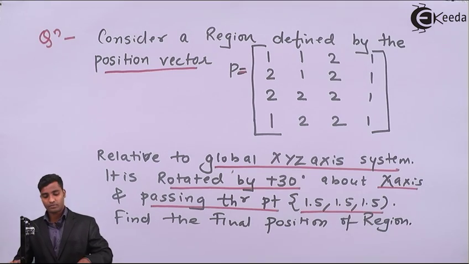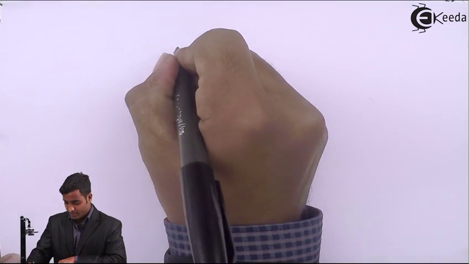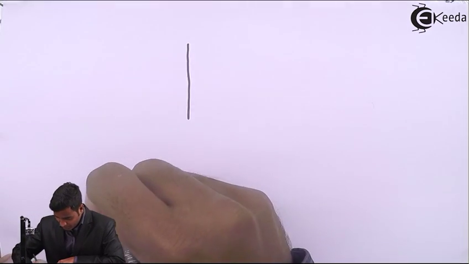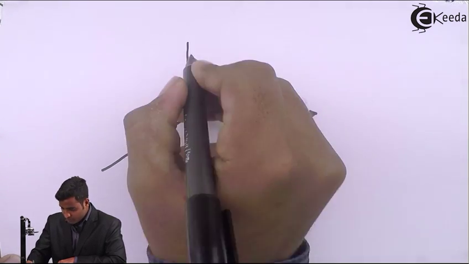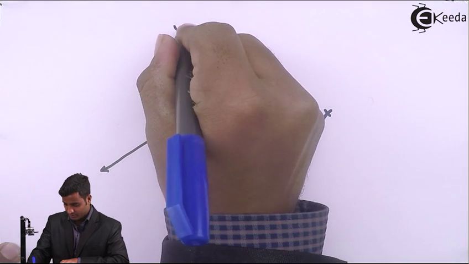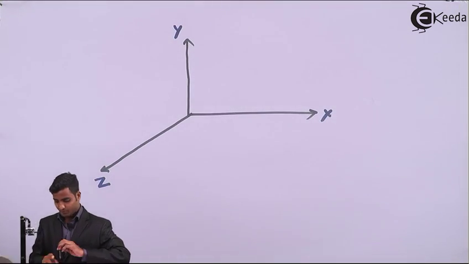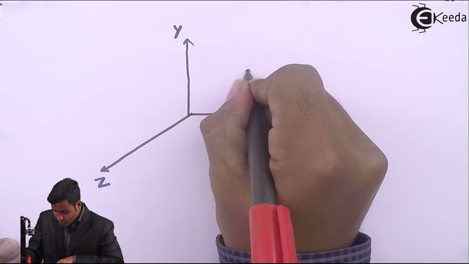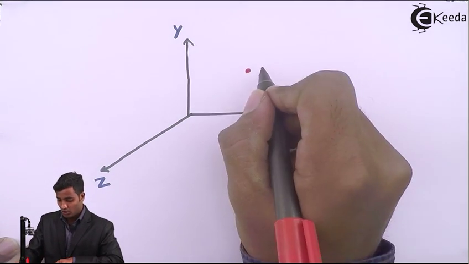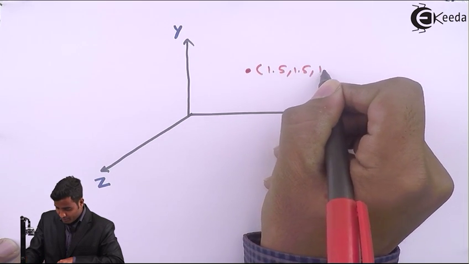So now we will draw the figure. Since it is a 3D axis system, this is the x axis, this is the y axis and this is the z axis. So this is that position vector whose coordinate is 1.5, 1.5, 1.5.